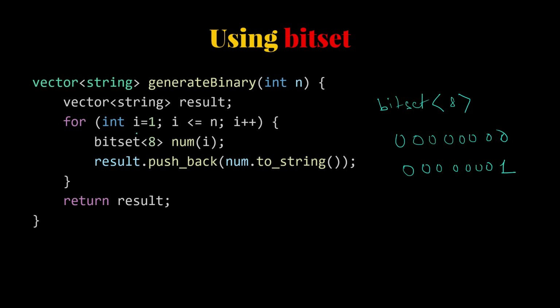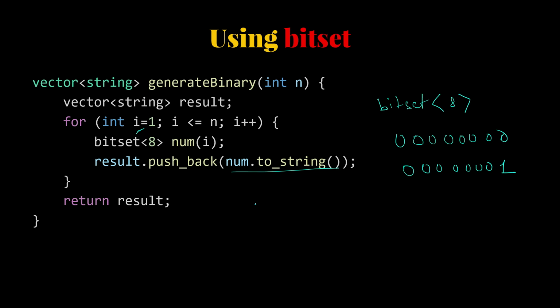In the first iteration when i is equal to 1, to print that number we simply call toString on it, and we keep doing this until i is equal to n.